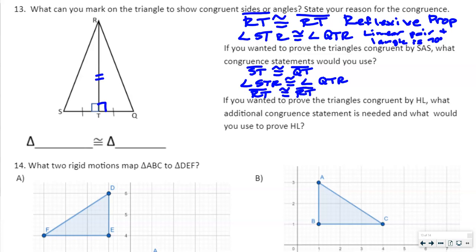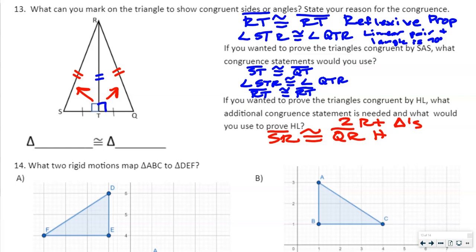All right, then it says if you wanted to prove the triangle is congruent by HL, what additional congruent statement is needed and what would you use to prove HL? So wouldn't we need this, which is the hypotenuse, and that, which is the hypotenuse? So we would need that SR is congruent to what? QR, because those are our hypotenuses, right? And they are both right angles, so that's our first condition, right? They are right triangles. We got two right triangles, right?